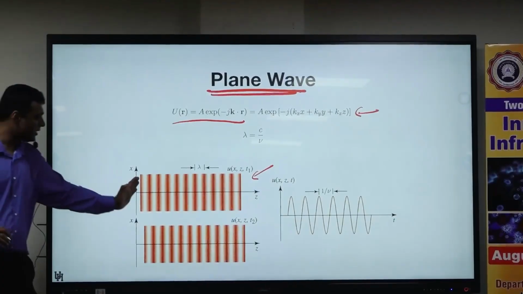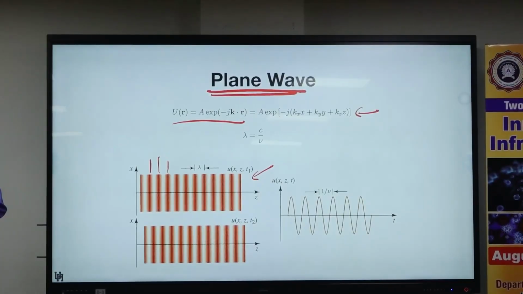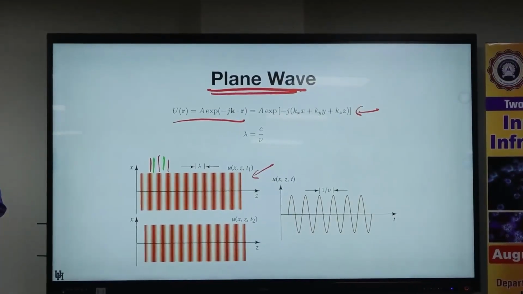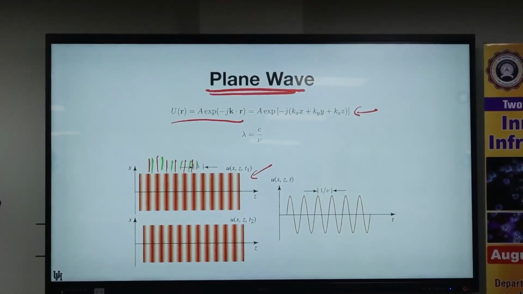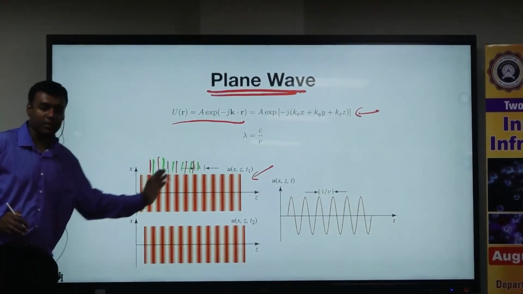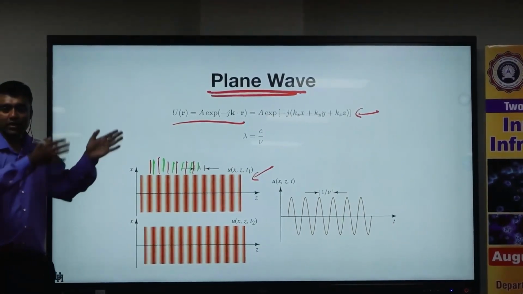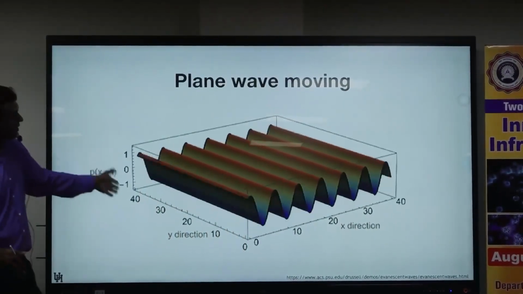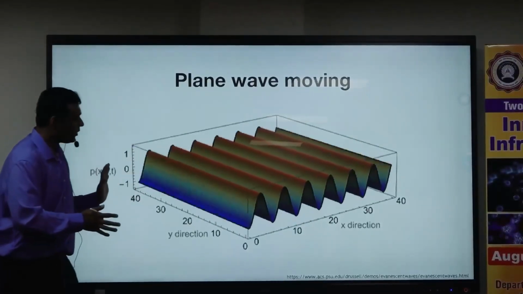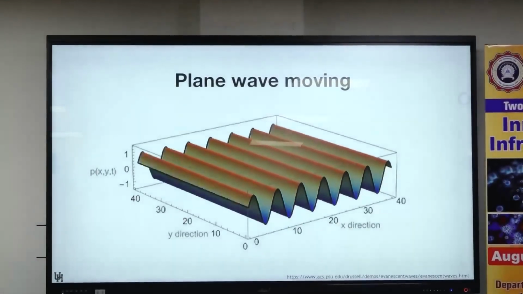It has maxima and minima, a bunch of maxima and a bunch of minima, so ups and downs, ups and downs. And over time, this travels, in this case, to the right. There is a wave front. To illustrate this, maybe this is a bit easier: it's a sinusoid of some sort, and over time it travels in a particular direction.